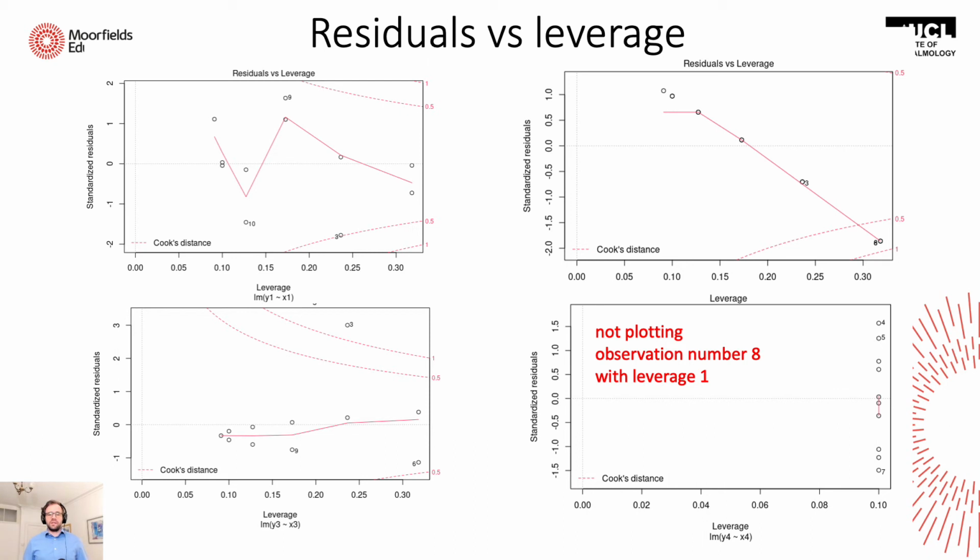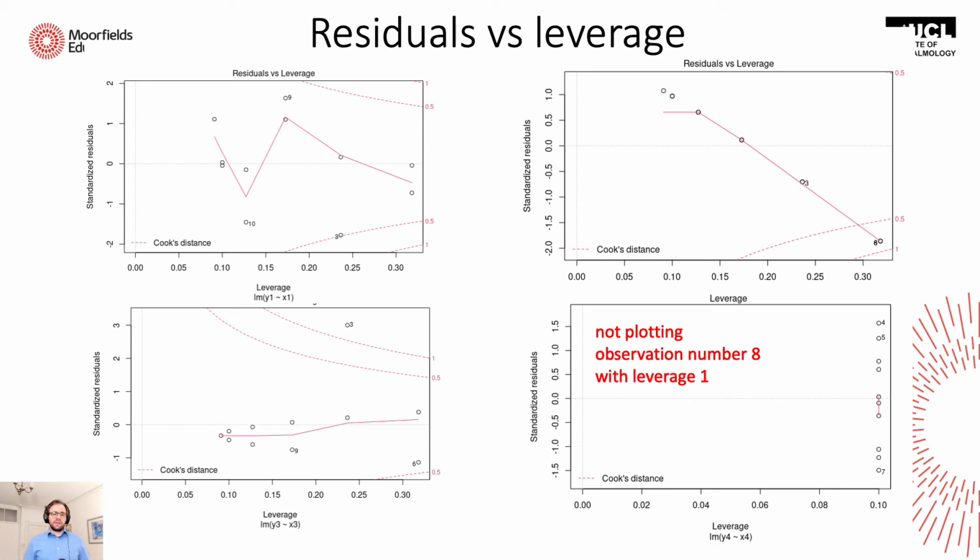So what we see in here, actually, when I plotted this, there was an error message telling you that observation 8, which is the one actually driving the whole linear regression for that graph, has the maximum Cook's distance possible, which is 1, and that's not even plotted because it's out of scope, but that message was printed out.